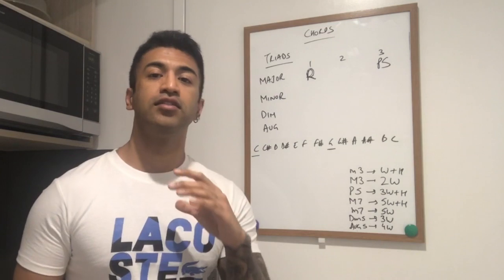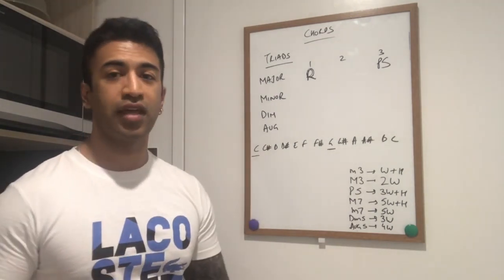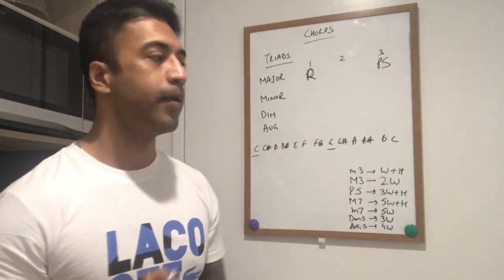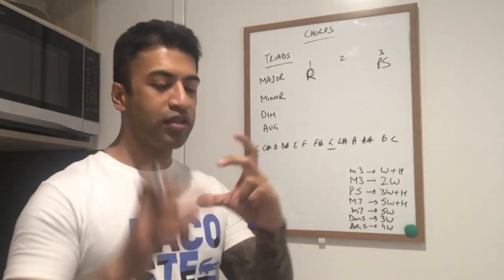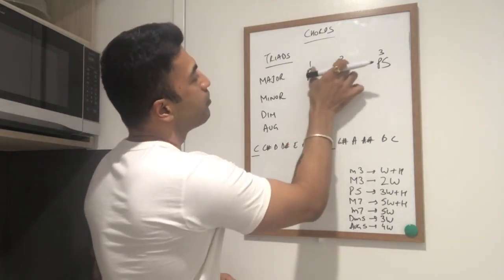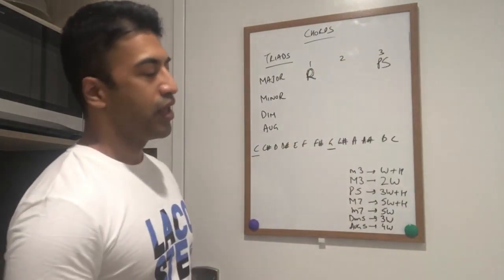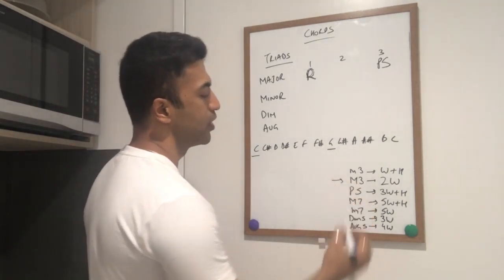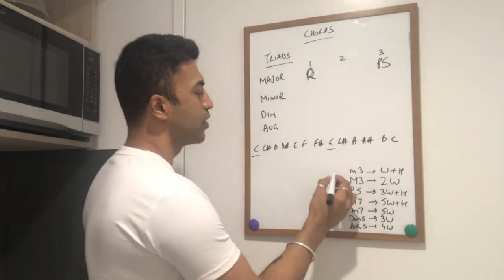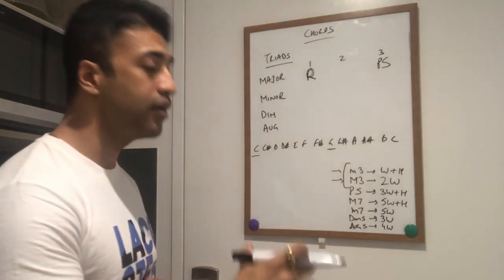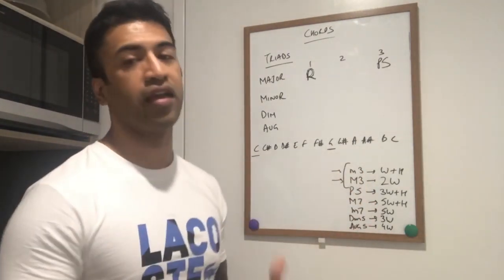The first criterion is that there need to be three notes, and the second criterion is that they need to be stacked in thirds. What this essentially means is that between any of these notes, the maximum interval that we can have is a major third. The minimum interval that we need to have is a minor third. So basically, the interval has to be a third between any two consecutive notes.